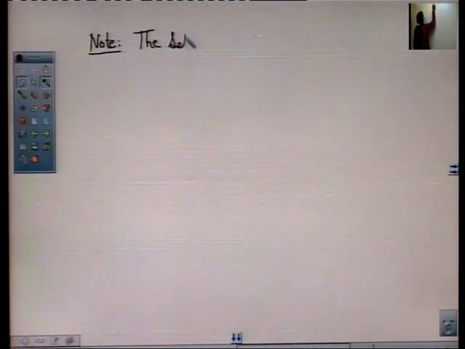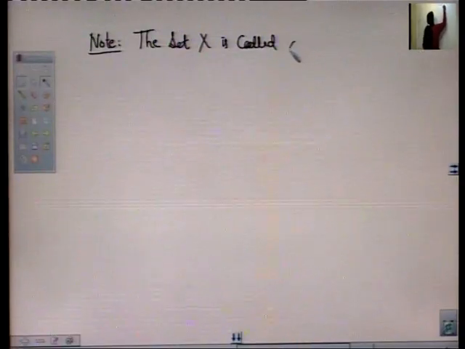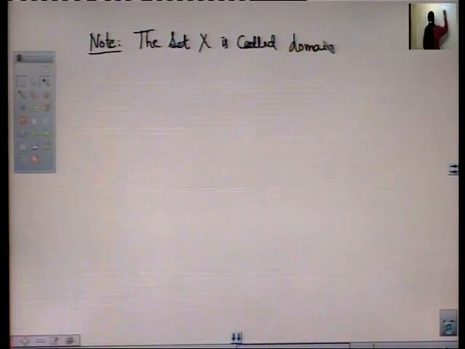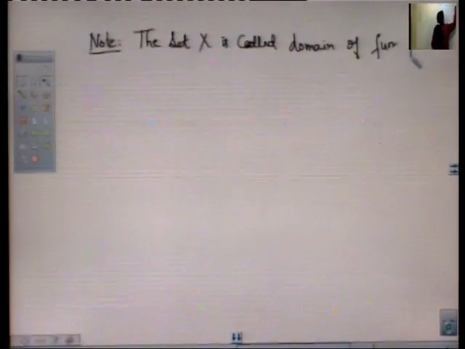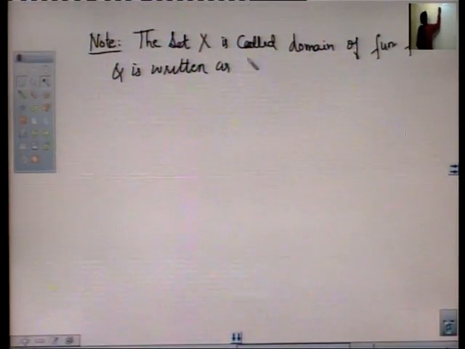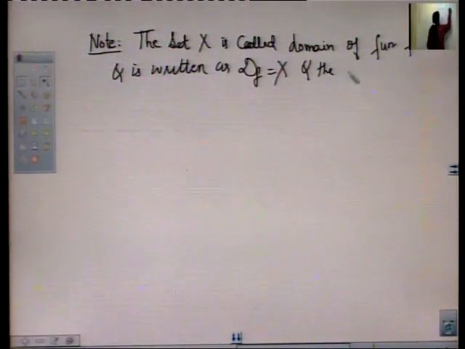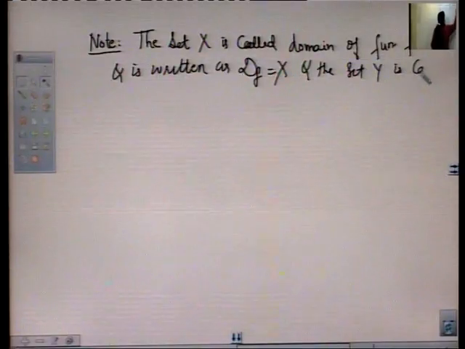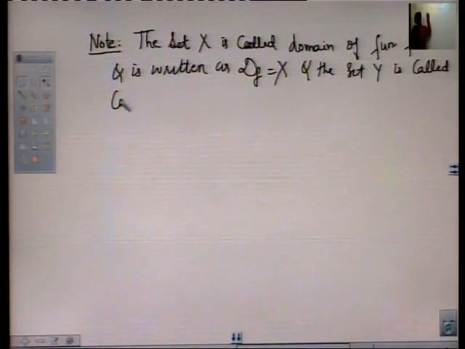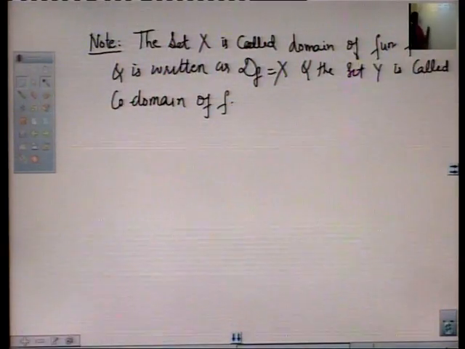Note that the set x is called domain of the function, domain of function f, and is written as Df, which is equal to x, and the set y is called codomain of f.